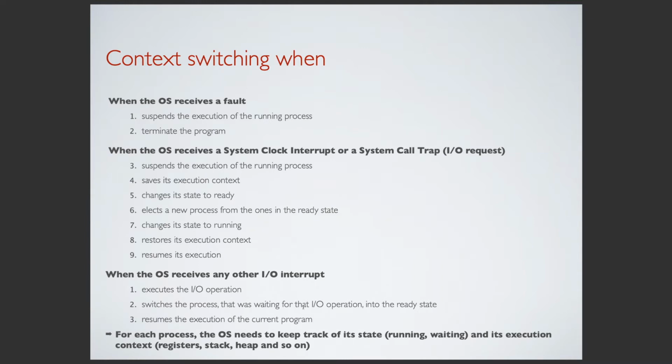the OS needs to keep track of information about the process. This information is, first of all, the state. Okay, it's either running, waiting, or, I forgot the last one here, ready. And it needs to keep track of the execution context.